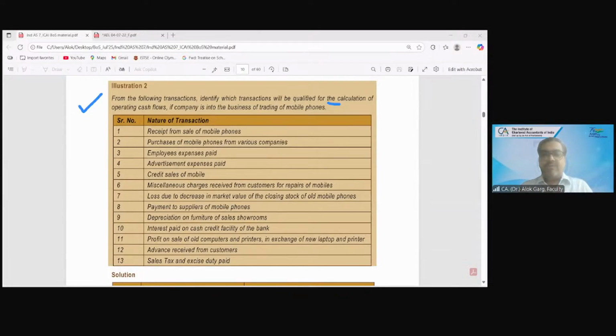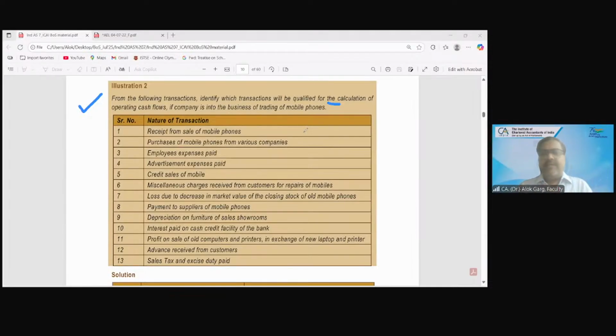Purchase and sale of mobile phones. Trading of mobile phones is the business of the entity. There are 13 activities given, and we need to identify which activity is an operating activity, that is, whether the cash coming in or going out is part of the operating activity or not.